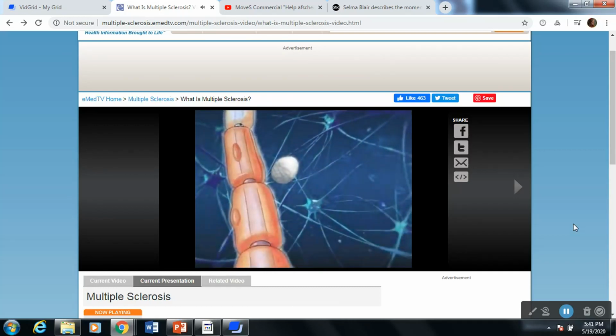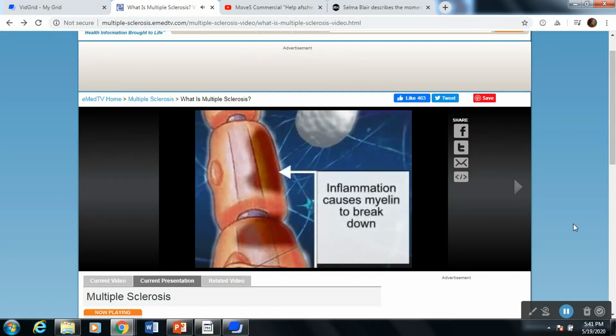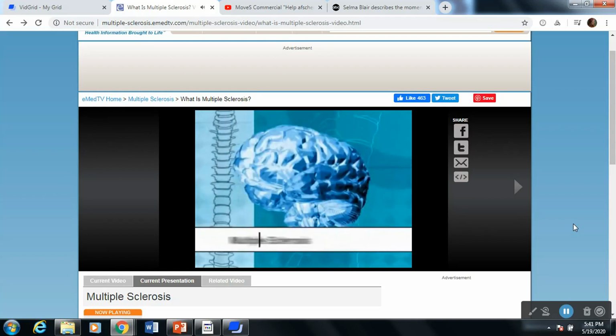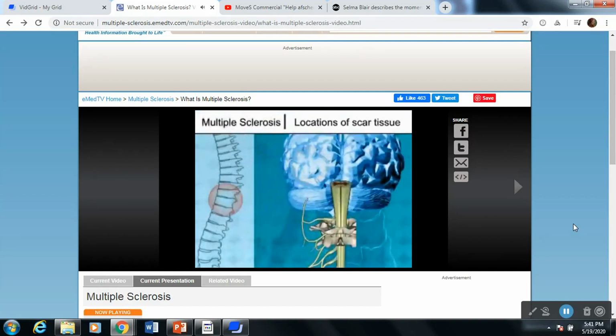Myelin is a fatty substance that insulates most nerves and helps speed up the communication between your brain and other parts of your body. This inflammation causes the myelin around the nerves to break down, and scar tissue begins to form in its place. This process is called demyelination. The name multiple sclerosis simply refers to the multiple locations where scar tissue or sclerosis builds up in the brain and spinal cord.